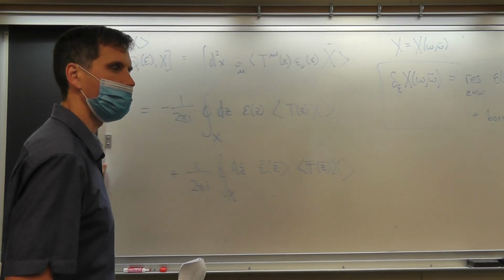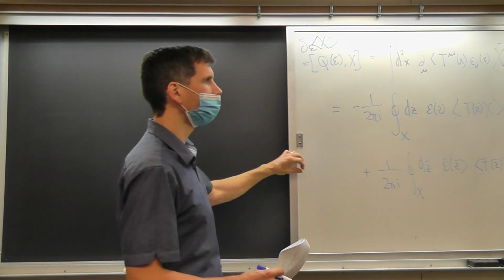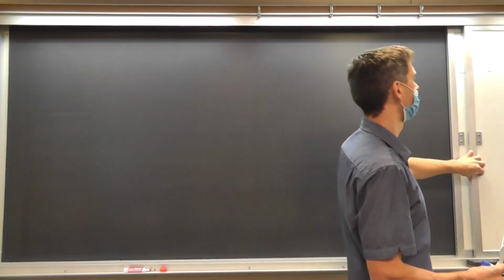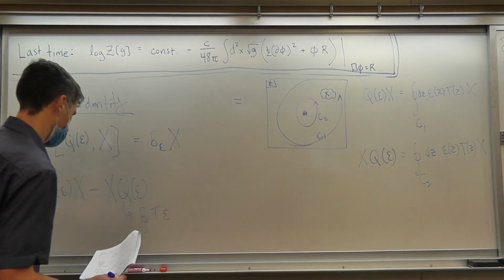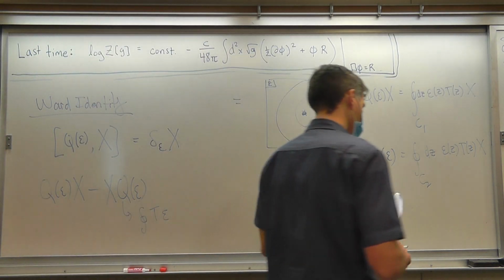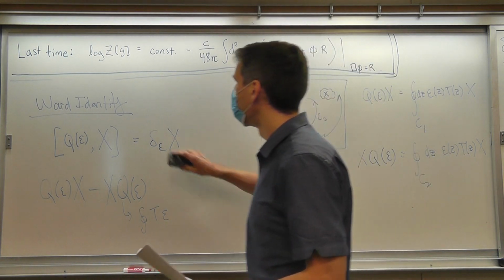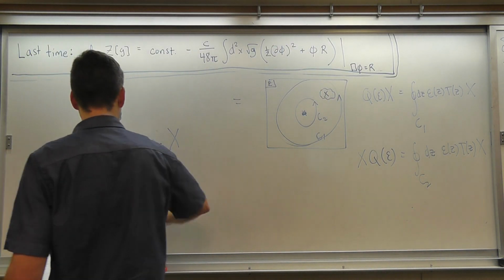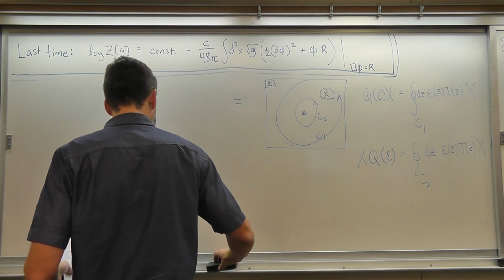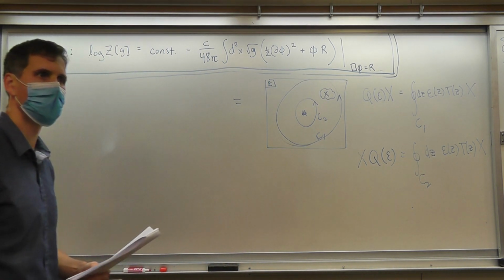Let me work out a quick example of how you use this kind of stuff. This wouldn't have been true in the homework because we weren't doing two dimensions there. You can't write them as contour integrals, so you don't get this nice residue formula.